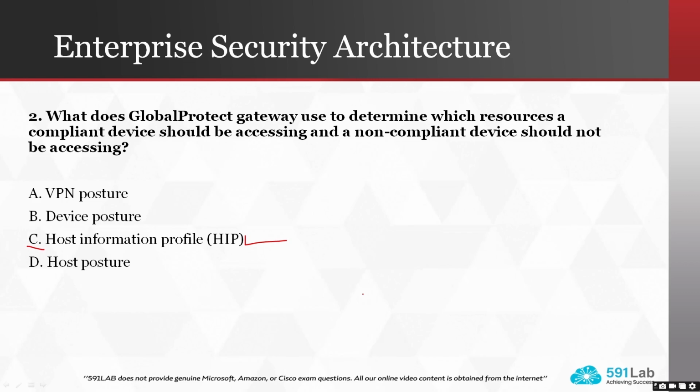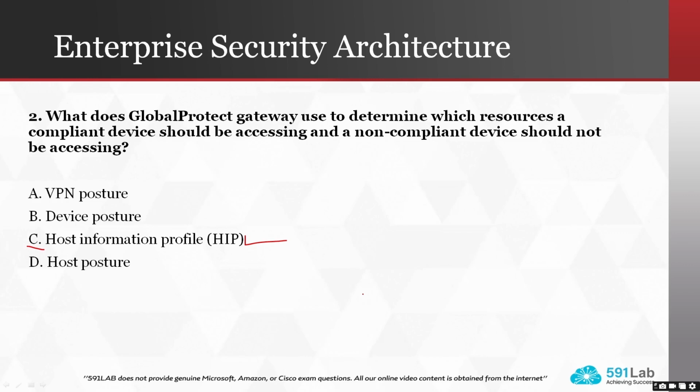Initially, the Host Information Profile provides the most granular control over resource access based on device security posture within the context of GlobalProtect. This HIP is a feature commonly associated with Palo Alto Networks that gathers information about the device security posture, like antivirus or OS updates.